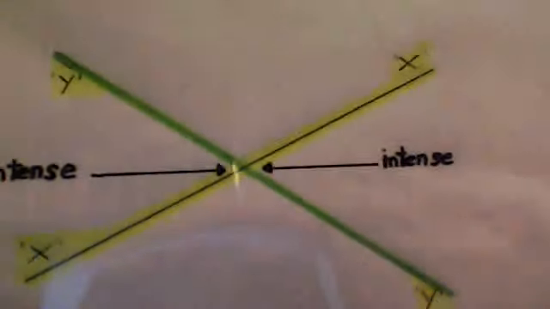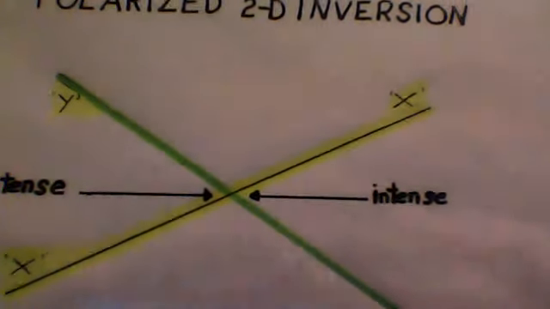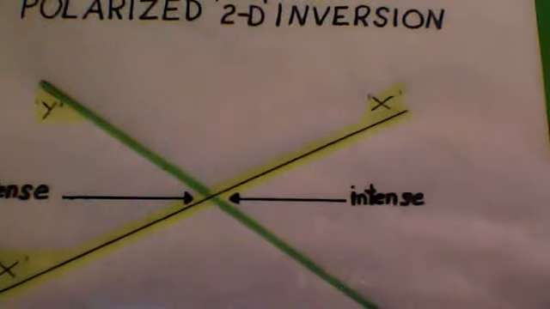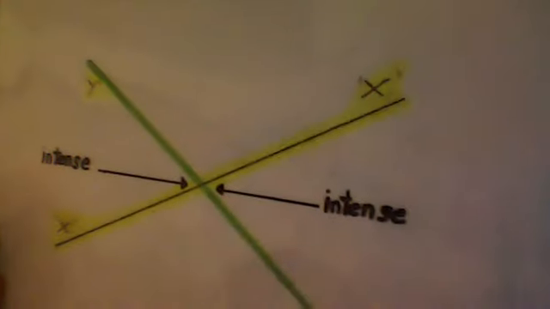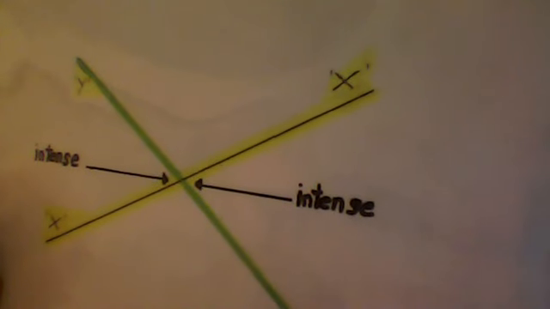But what happens from this is this. The X on the top right is on the outside of the line, whereas following the line down, it's still on the same line, but it's on the inside of the inversion.